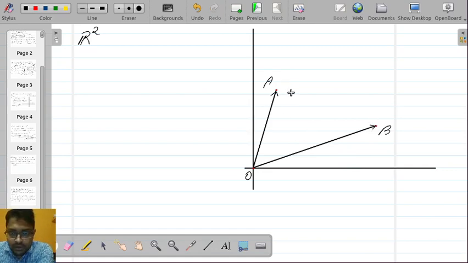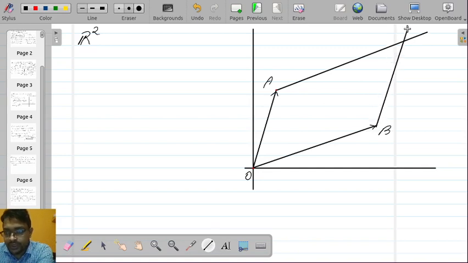So how do I add these two vectors, OA and OB? In your higher secondary you had already done the parallelogram law of vector addition, right? So we extend this, through B we take a line parallel to OA.